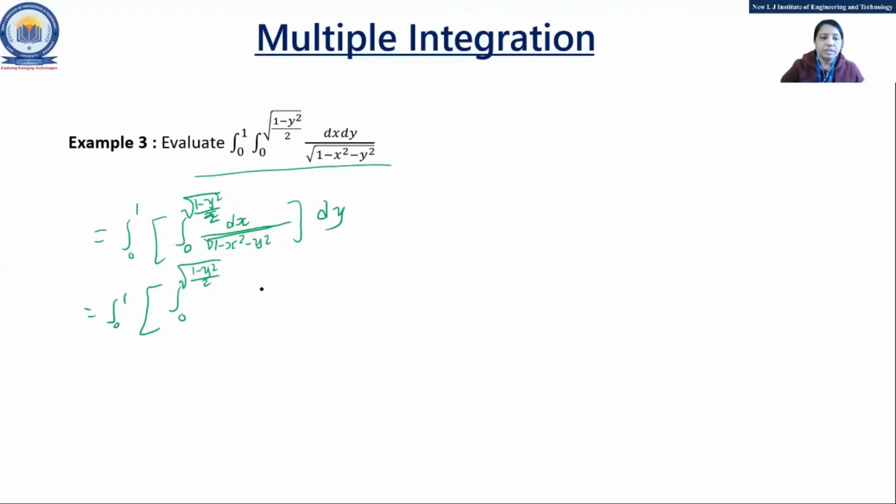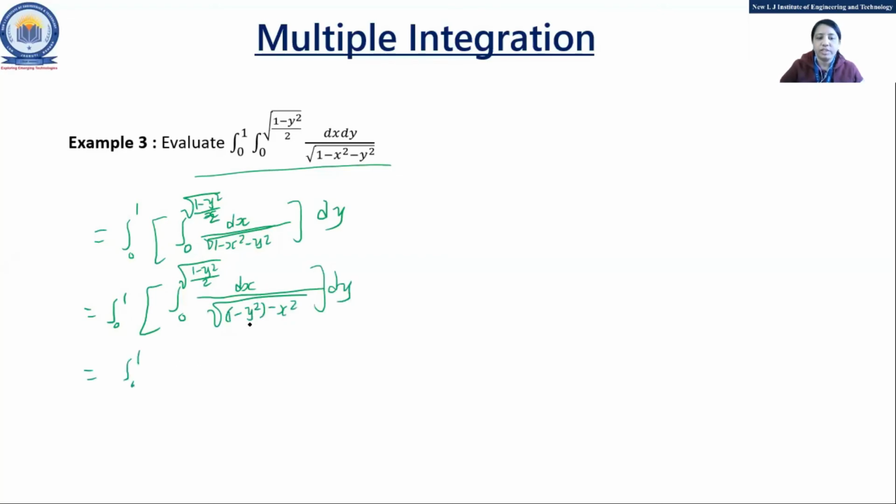We are doing this 1 minus x square minus y square with respect to x. So dx upon, the 1 minus y square is a constant one, so I'll just write it in a bracket, and x square, then it's a dy. Fine. Now again 0 to 1.